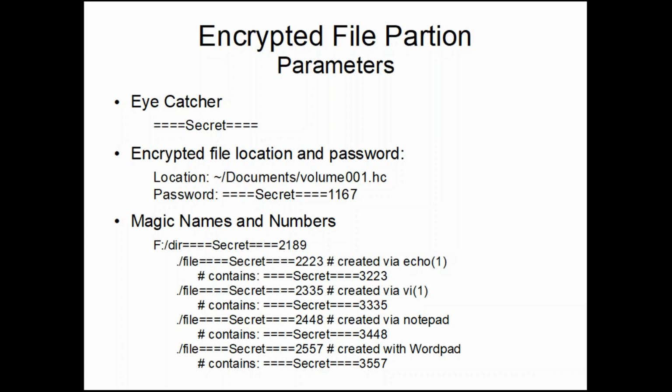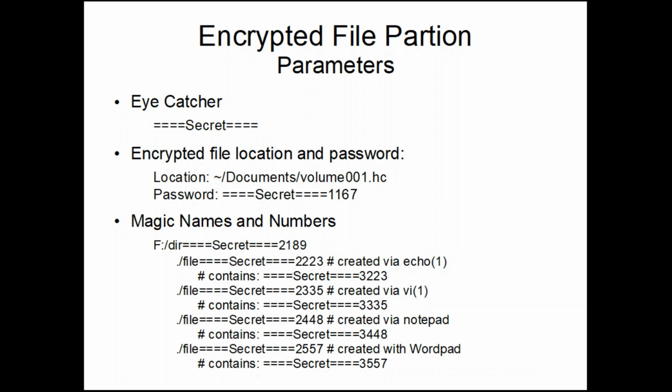Once it's created and mounted, I'm going to populate that partition with various secrets. I'm going to mount it to drive letter F, and I'm going to create a subdirectory called dir, with the eye catcher again, and then 2189 for the file name.